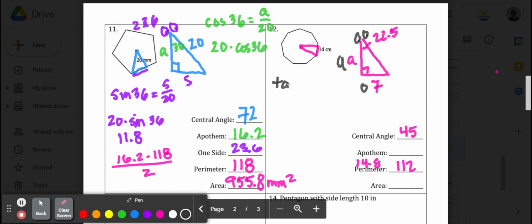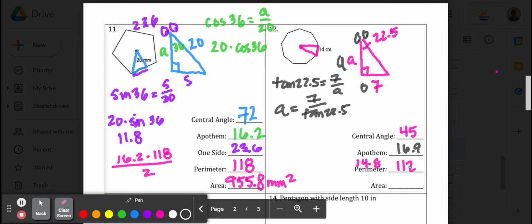So we get tan of 22.5 equals opposite over adjacent. And those two can switch spots. So we're going to get basically our apothem equals 7 over tan 22.5. And then we're going to calculate that really fast to be 16.9.